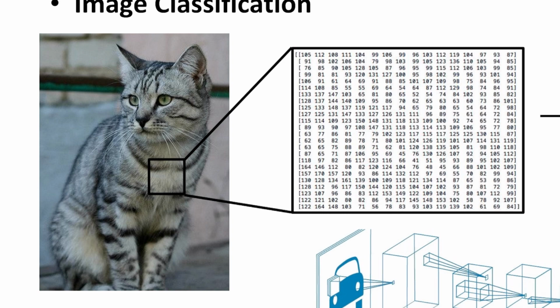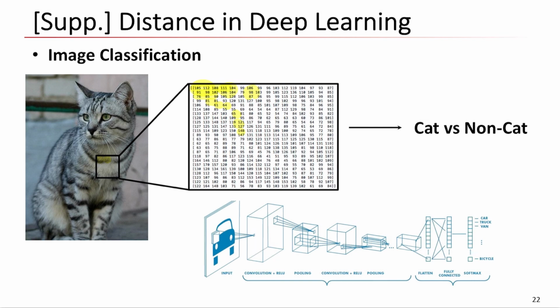But as a computer, it just sees this image as some values, because each pixel has some value, so it is hard to extract the semantic meaning from this image, such as whether this is a cat or not.